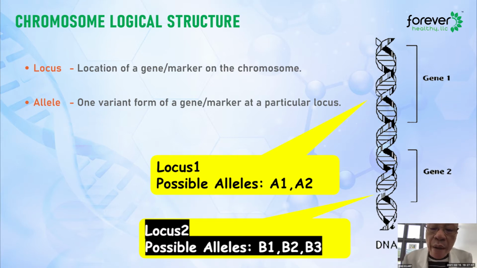The more alleles you have, the more intelligent you are. So the more alleles in that locus of a particular gene trait, the better is the expression. Take note, there are several pairs of genes in one locus.